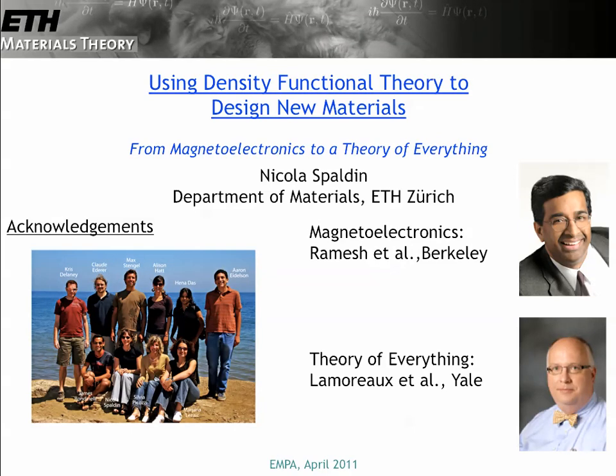Professor Spaulding got her PhD in chemistry at the University of California, Berkeley. And she's originally from England, from Cambridge University. As a research experience, she was a postdoc in Yale, and then assistant and associate professor in Santa Barbara Materials Department, and then full professor there.